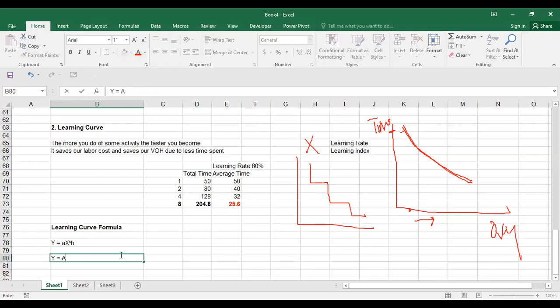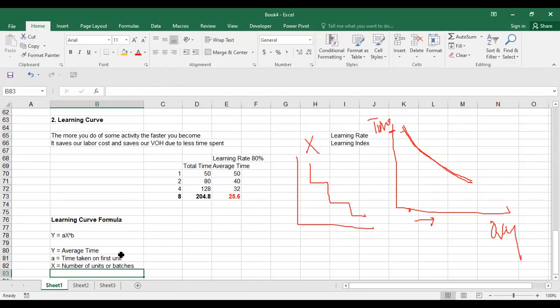Y is your average time, and a is your time taken on first unit, and x is your number of units or batches, whatever, and b here is called your learning index.